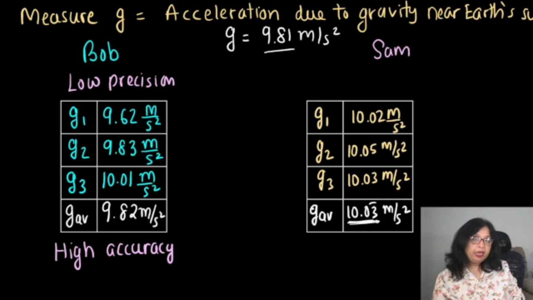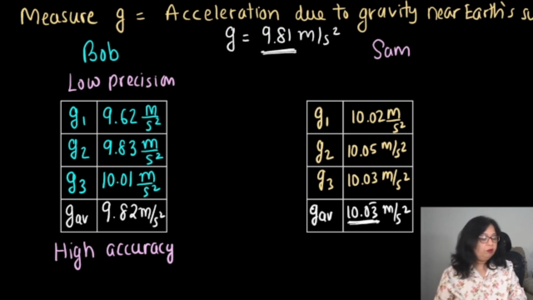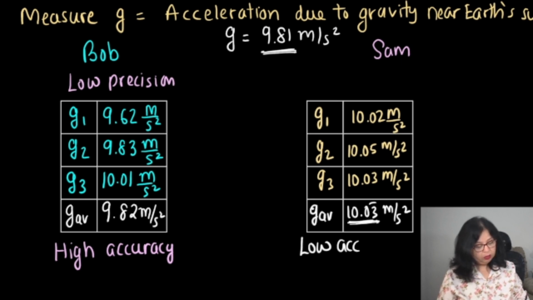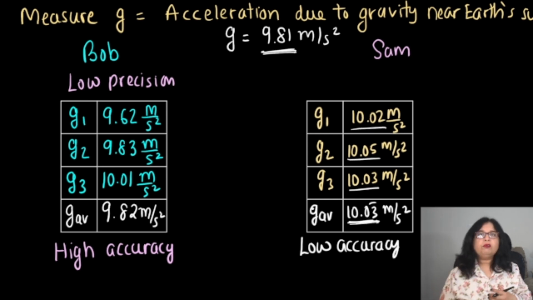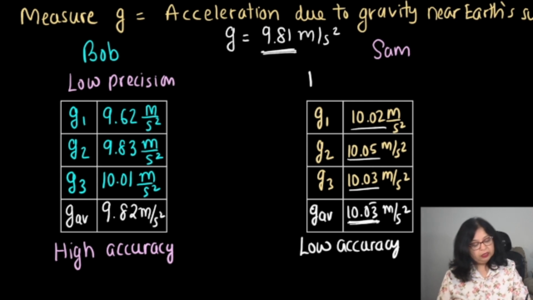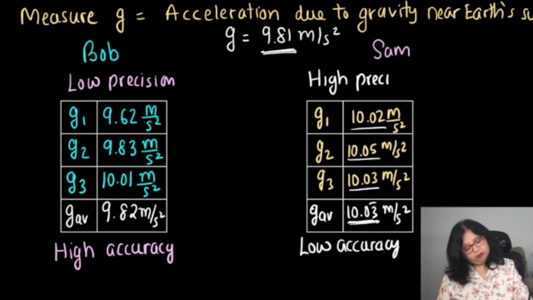Now this average value of 10.03 meters per second squared is not very close to 9.81 meters per second squared. So you will say that Sam's data is not very accurate. It has low accuracy. However, since these 3 values are not too far from each other, you will say that the data is highly precise. High precision, low accuracy.